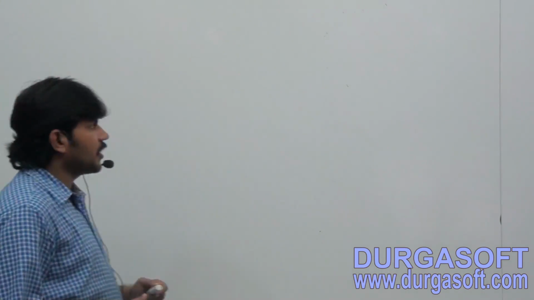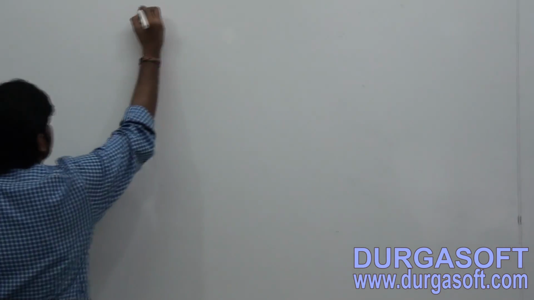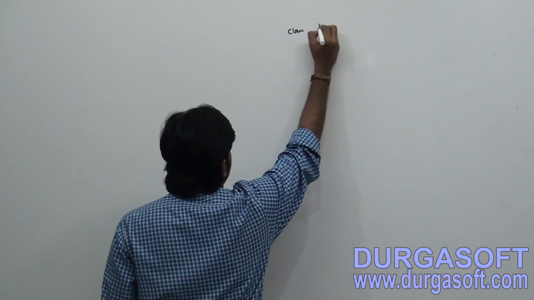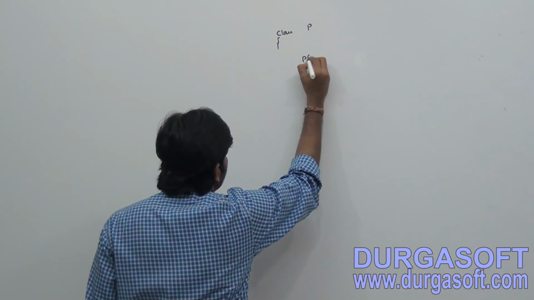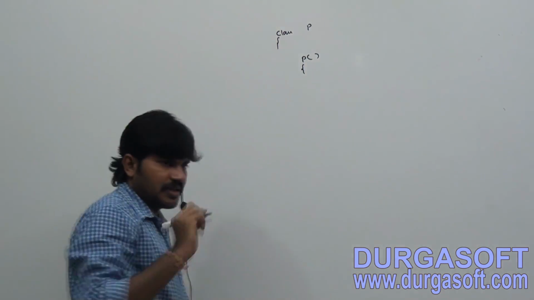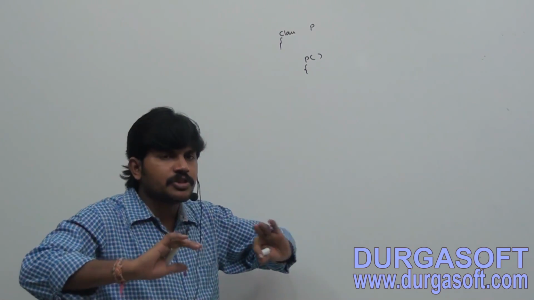Can you please give an example which covers proof? Simple. Here I am taking class P. Within the parent, this parent constructor will be executed for which object?